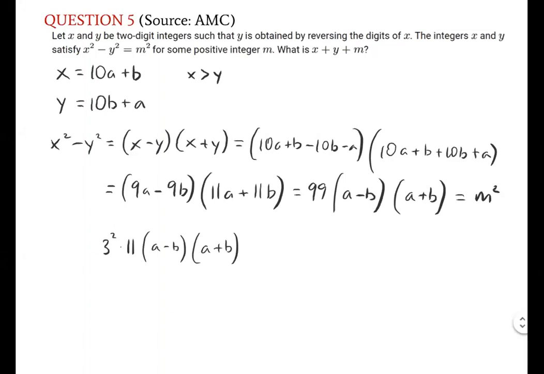So we want to make both of the prime exponents even, and right now only the 3 has an even exponent while 11 has an odd exponent. So we can assume that one of these things will be equal to 11.